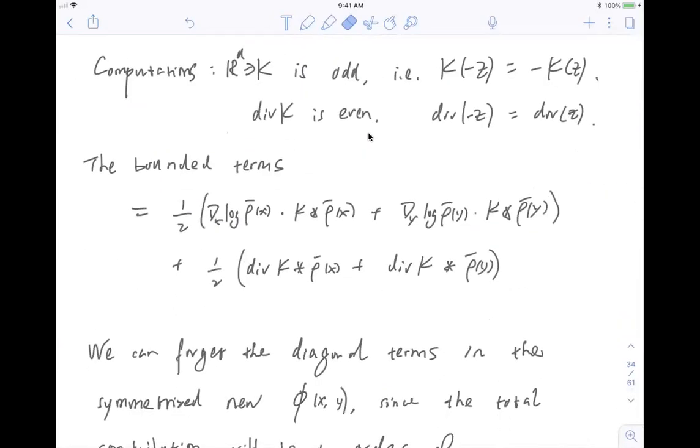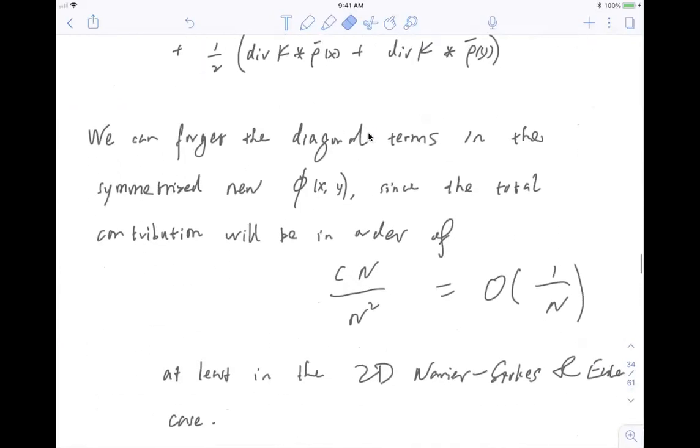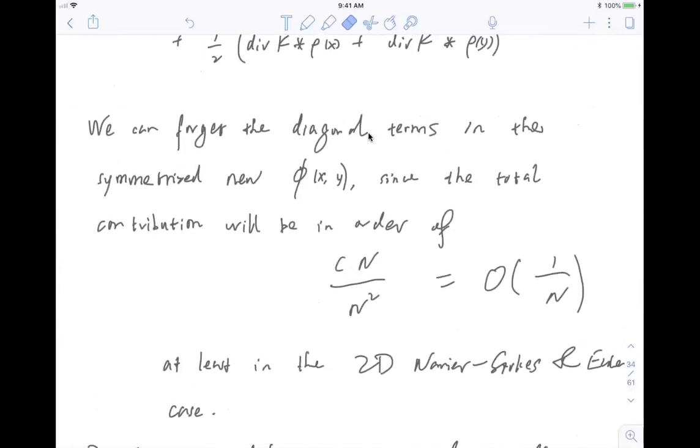If everything is bounded, then considering or not considering the diagonal term doesn't matter a lot. Why? Because we only have n diagonal terms. If each diagonal term is bounded, of order 1, then if you normalize by n squared, you get a very small quantity.